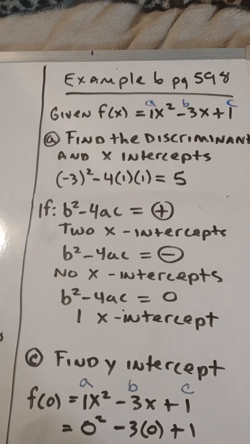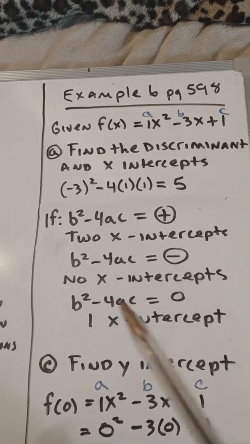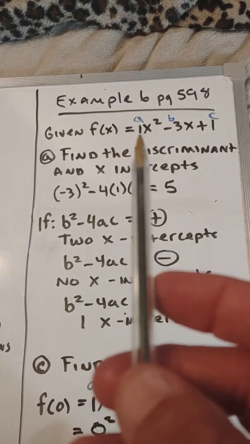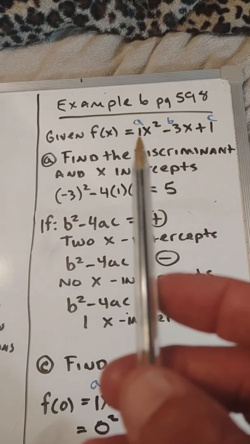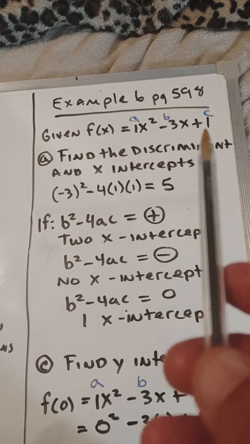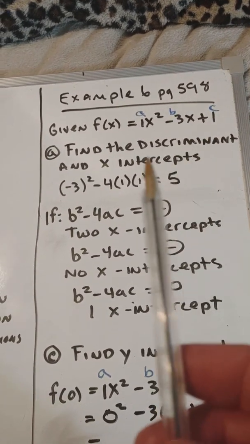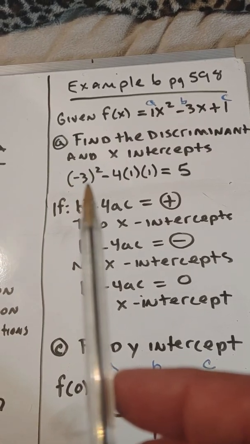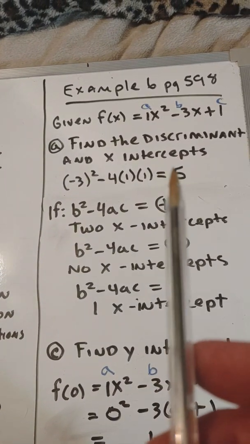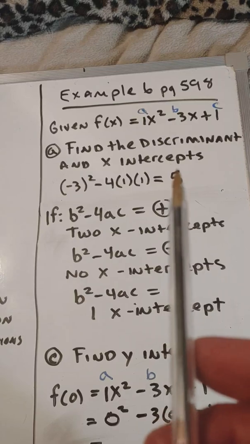Example 6 tells us that given f of x equals 1x squared minus 3x plus 1, where 1 is a, negative 3 is b, and 1 is c, find the discriminant and x-intercepts. All right, so plugging it into b squared minus 4ac, we get 5. So we know we have two real solutions.